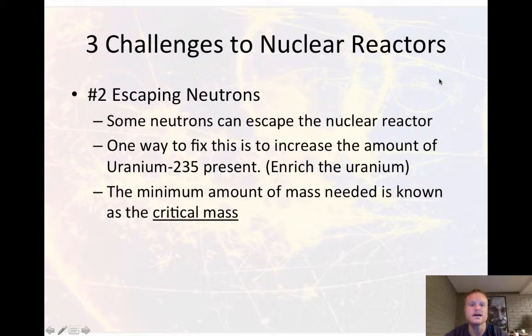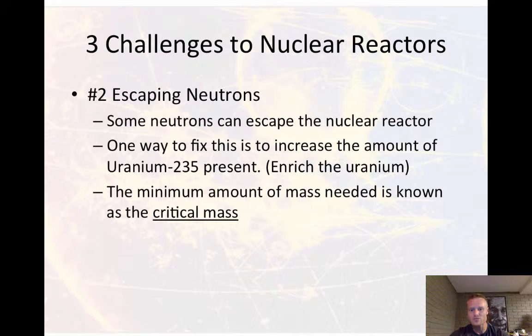The second problem is neutrons don't always go in the direction you want them to go, right? They may actually leave the nuclear reactor and not strike any uranium-235. So the way scientists have fixed this is they've enriched the uranium. They make it so that there is more uranium-235 present. This almost seems like common sense, but it's a good way to fix it.